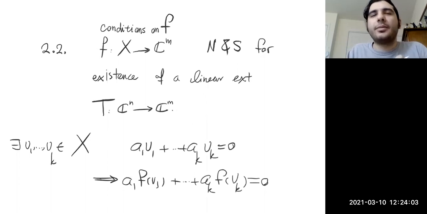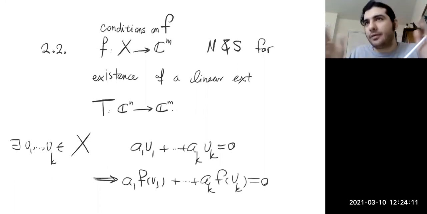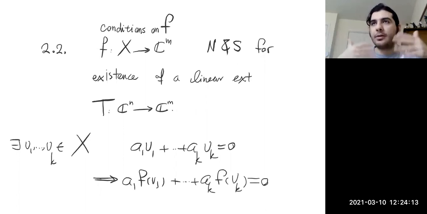We kind of talked about the proof of this one too. I'm not going to write it in more detail, but if it does satisfy that, then we can extend it to a linear map. And it's a necessary and sufficient condition.